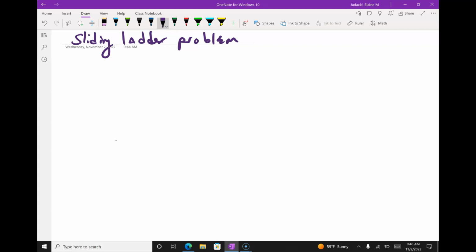Is it speeding up or slowing down? Speeding up for sure. Once it gets to slide, you can see it's definitely going to speed up.